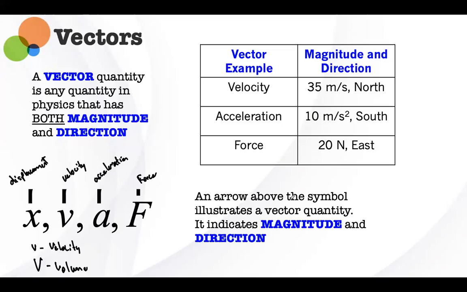So an arrow above the symbol illustrates a vector quantity. It indicates the magnitude and also direction. You can also use arrows to state the direction, but most times we usually just state north, east, west, or south to avoid any confusion.